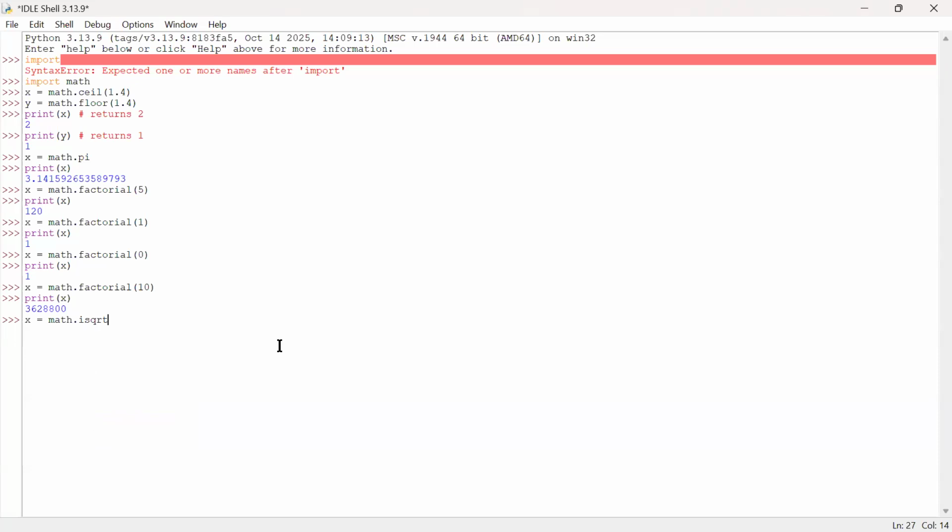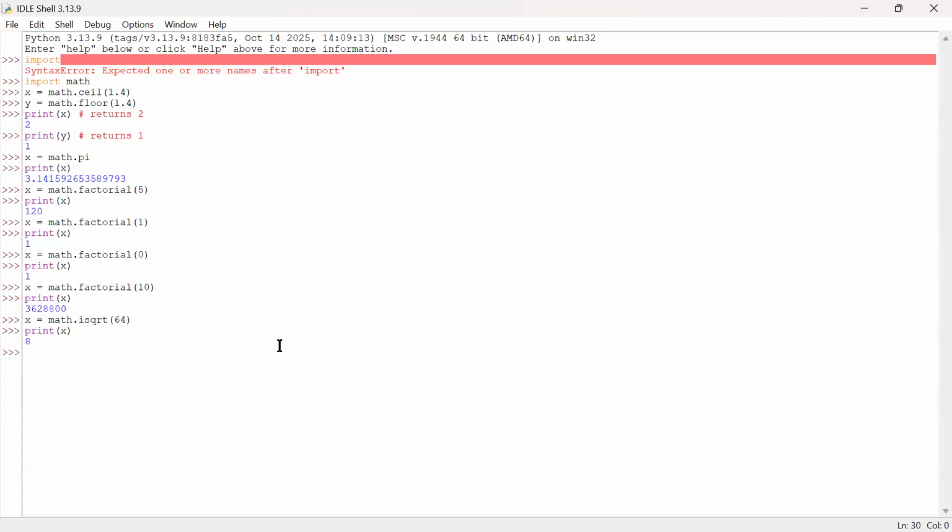Find the square root. We'll do square root of 64, then do square root of 3, like we did in that last class. So go ahead, put 64 in between the parentheses, and then print your x. Then we'll try. Okay, so you can see it's an integer.